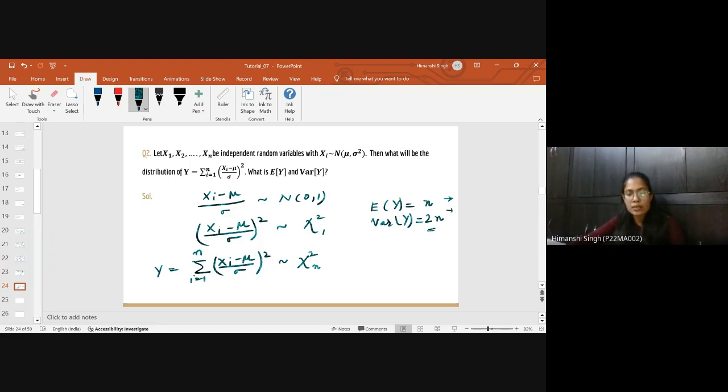It is not a tough expression to remember. So it is a chi-square random variable with expected value n and variance 2n. This is a basic question depending on the concept we have already discussed. I will move to the next question now.